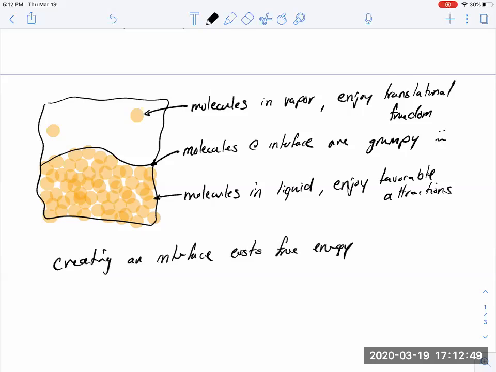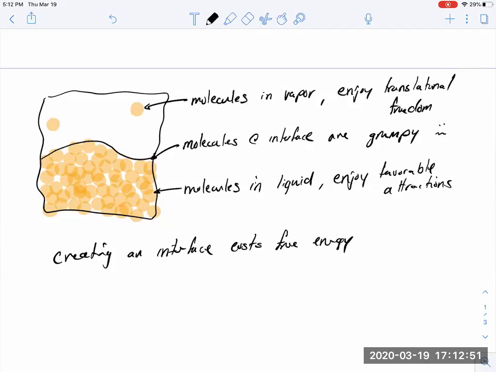There's a work required to create an interface, and let's call that work gamma times a, where gamma is a parameter you have undoubtedly run into before. It's called the surface tension. This is what makes droplets out in the vapor spherical.